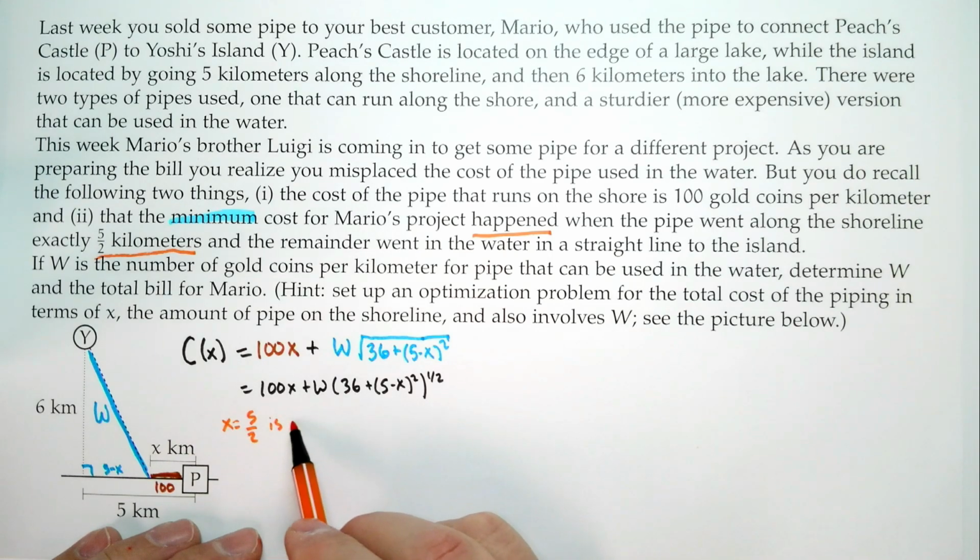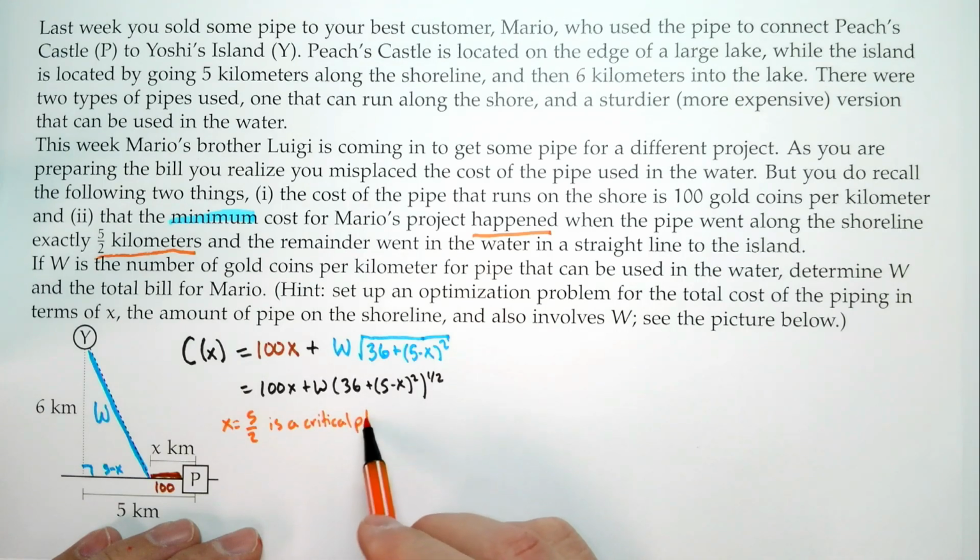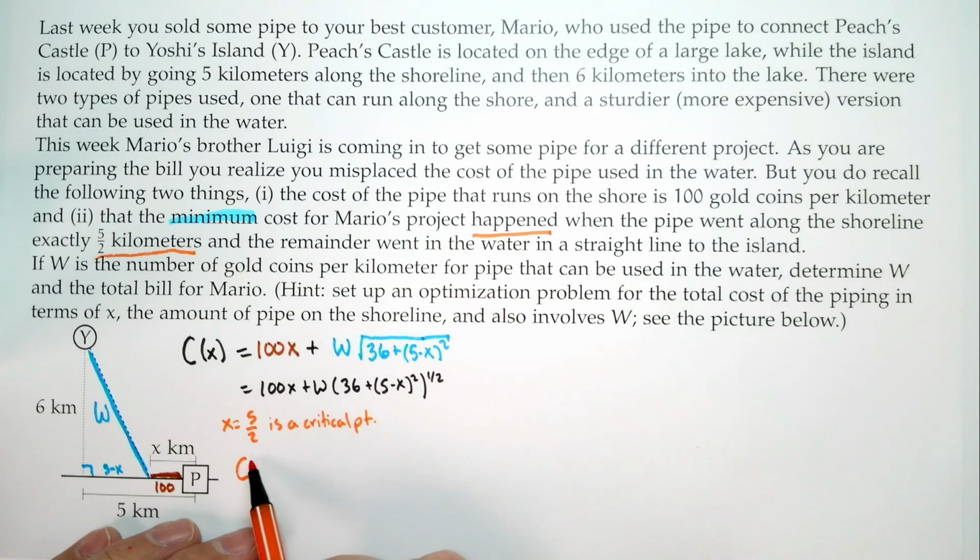Since that's an optimum, it has to happen at a critical point. So we know where a critical point is. So in particular, what kind of critical point could it be? Well, probably we'll take a look at the derivative, but it probably has something to do with the derivative, and my bet is right now, based on what the function looks like, it's going to be where the derivative is 0.